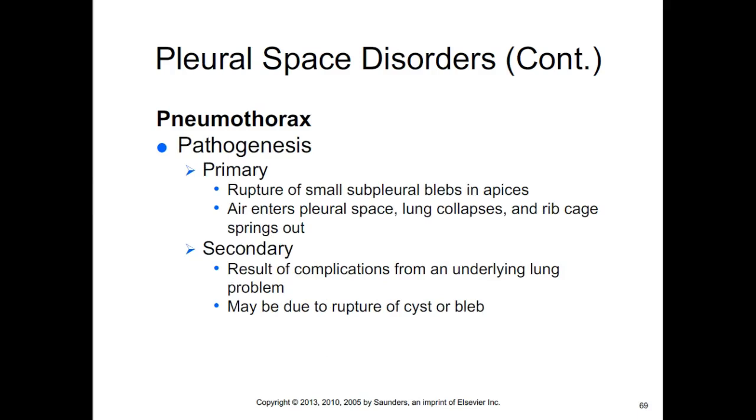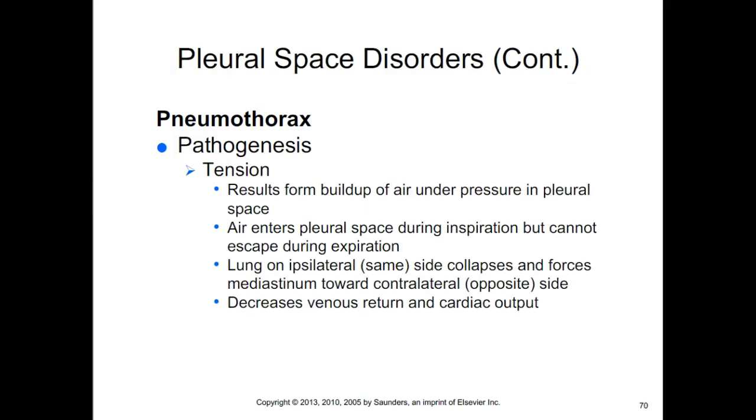All right, so primary: the rupture of small subpleural blebs in the apices of your lungs, right? And so air enters the pleural space, the lung collapses, and the rib cage springs outward. And secondary usually results from some other underlying lung problem, so it may be due to a rupture of a cyst or bleb. So with tension, you'll see a buildup of air under pressure in the pleural space.